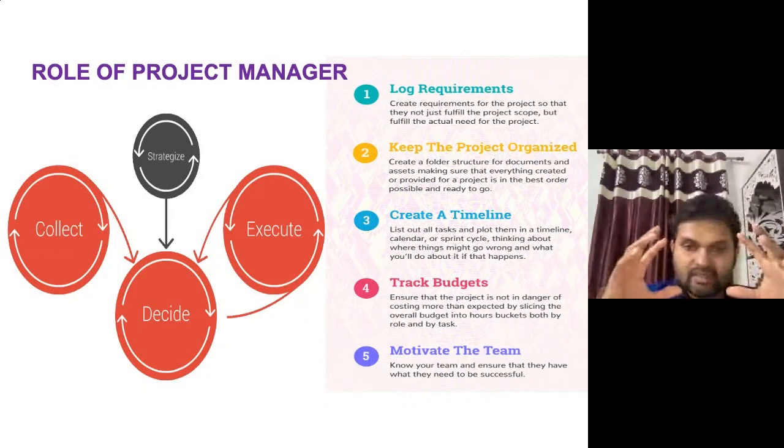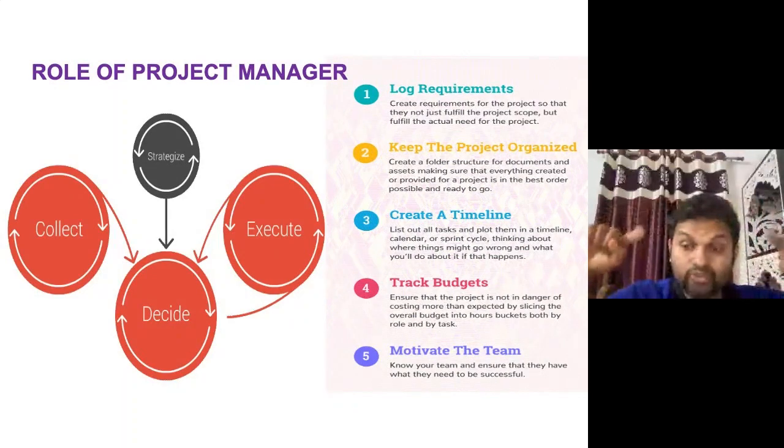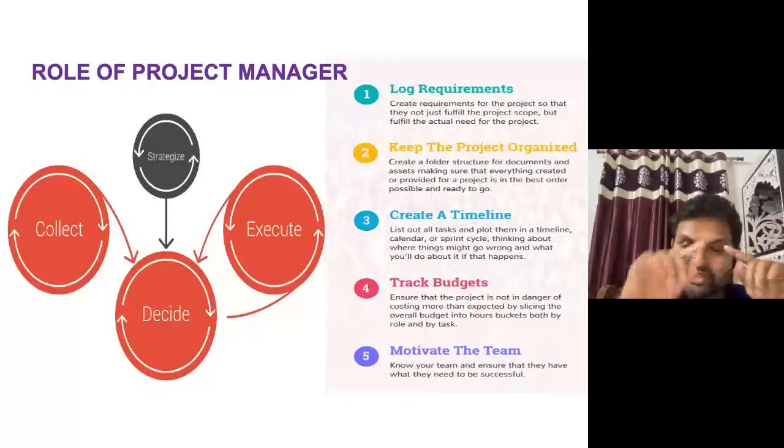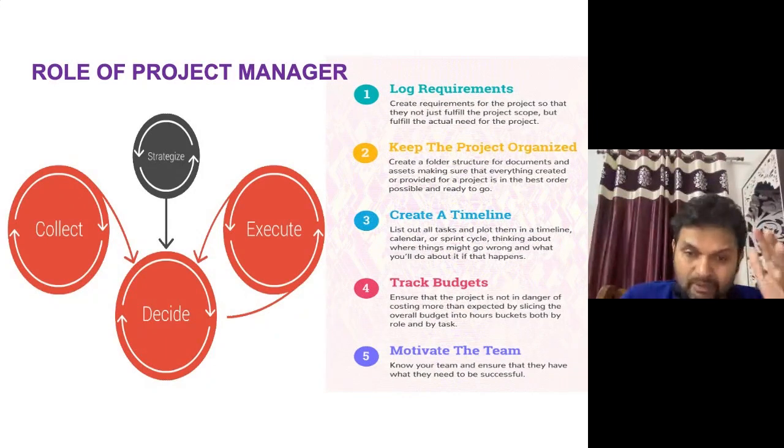Okay, fine. Thank you. So now see, the PMI or PMBOK divided the whole project management into 10 parts. What are the 10 parts? The first is scope management, time management, cost management, resource management, communication management, quality management, procurement management, risk management, stakeholder management, and the last is integration management.